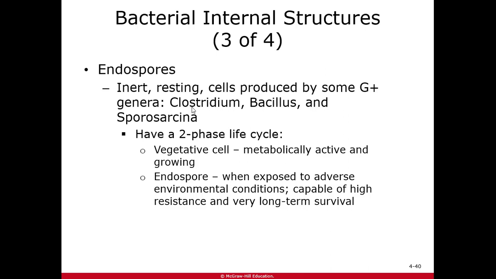If they're growing and dividing and they're all happy, we call them vegetative. They're active, they're growing. When they go into an endospore state, they go dormant because conditions aren't favorable. It might be too hot, too cold, whatever it is. They can go into this dormant endospore state and they can stay in that state for a very long time, sometimes thousands of years.